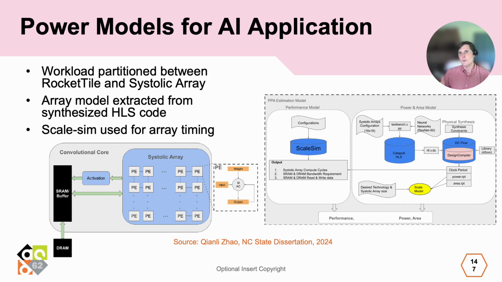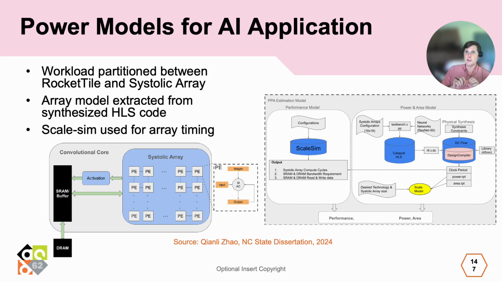So I'm going to reference my student Chanli Zhao's dissertation, who worked on this. He basically decided to first look at a systolic array architecture because we were thinking about an embedded system, and systolic arrays tend to execute this kind of workload with much lower power.